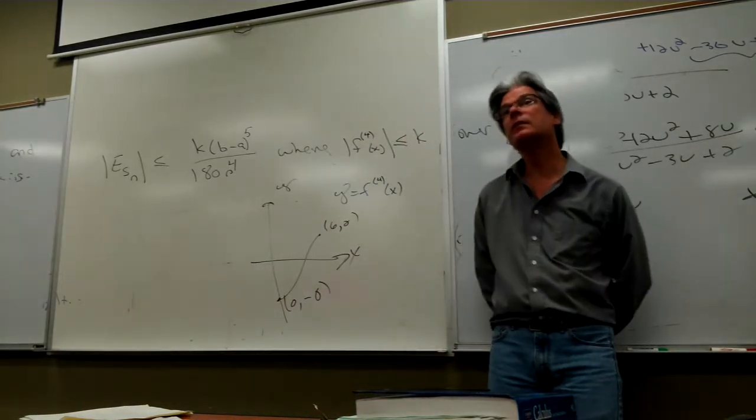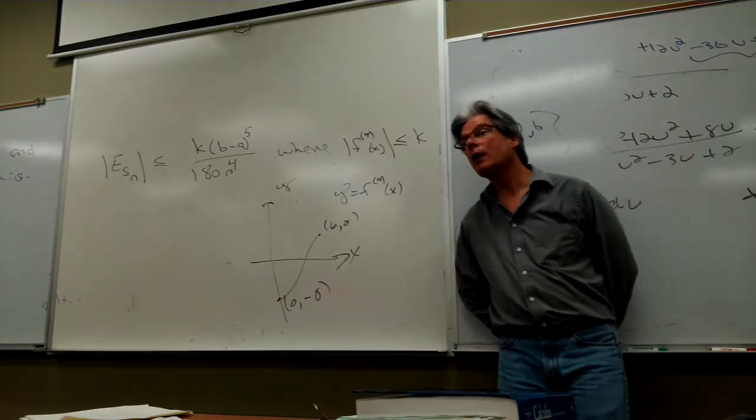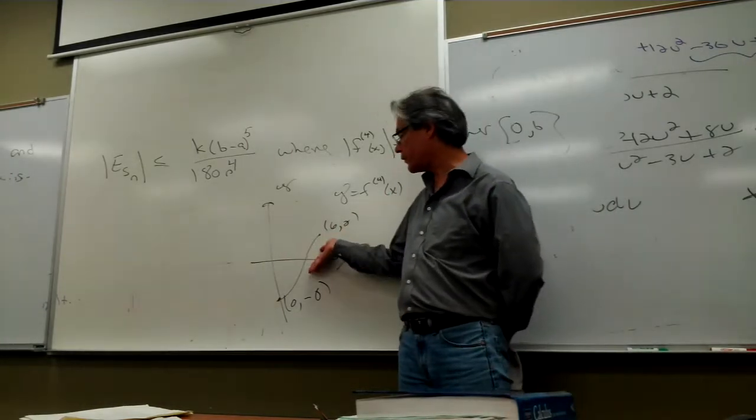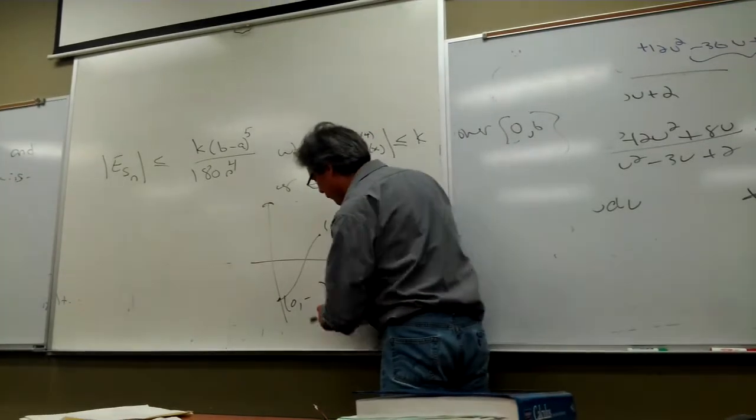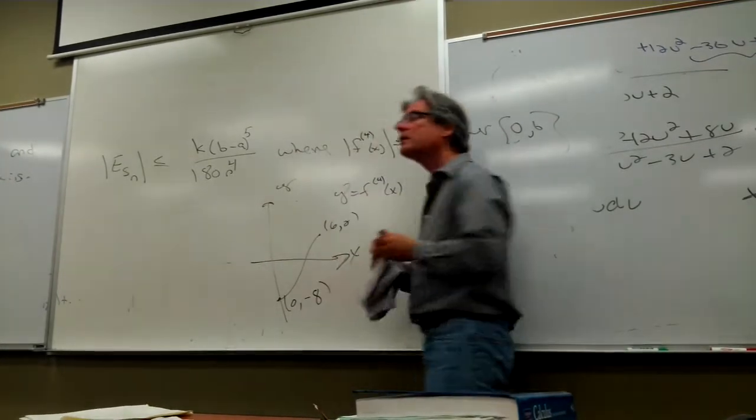Now what would K be? If this really was what the graph of your fourth derivative function does over the interval from 0 to 6, if you can possibly read my horrible writing, what would your K be?